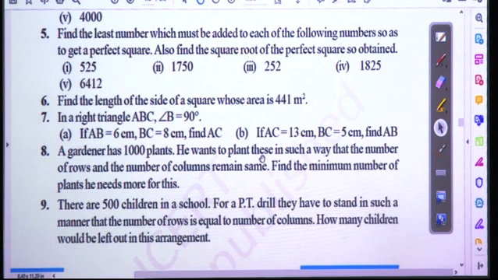Find the minimum number of plants he needs more for this. More means we have to add.